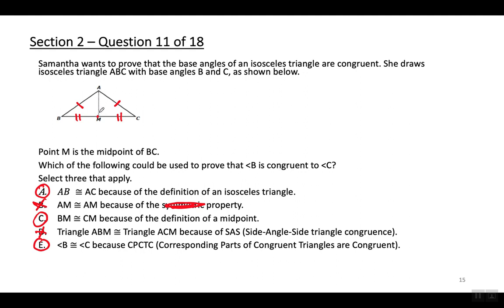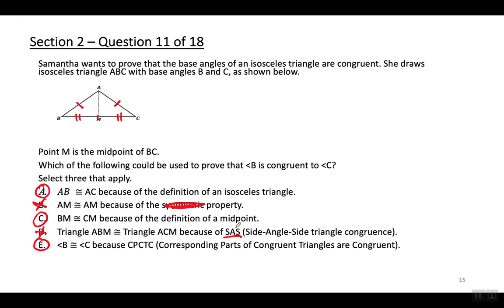So AM is congruent to AM in both triangles. So if you look at what we've proven congruent, it's side, side, side. And letter D is saying side, angle, side. So letter D is wrong because we have not yet proven that angle B is congruent to angle C. But we've proven that the three sides are congruent in both triangles. So the reason the two triangles are congruent is because of side, side, side.